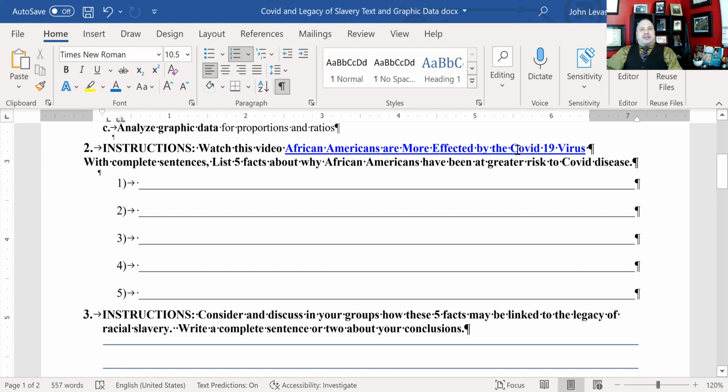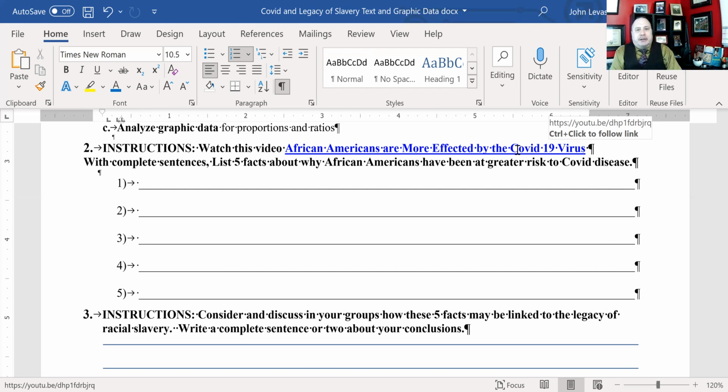So in section 2, there's a link to a news video made in Europe by a French broadcaster. It's in English. But they talk about different reasons why African Americans are disproportionately affected by COVID-19, why African Americans are getting sicker than other Americans based on some facts.